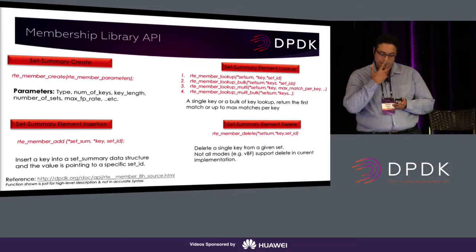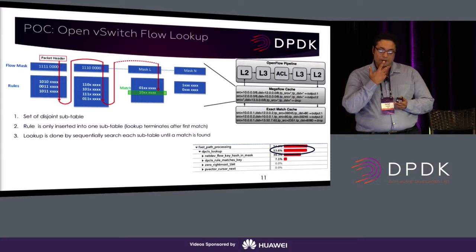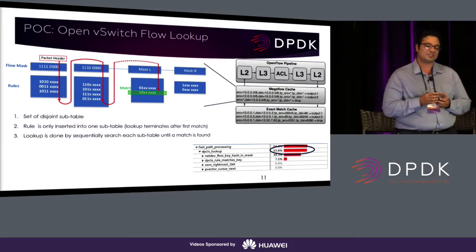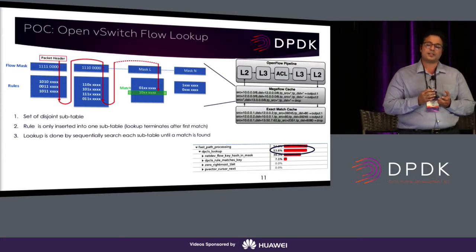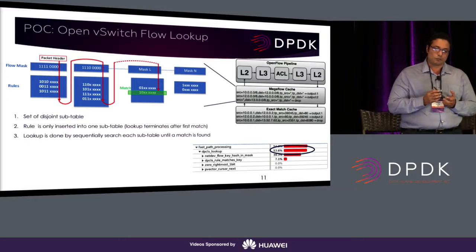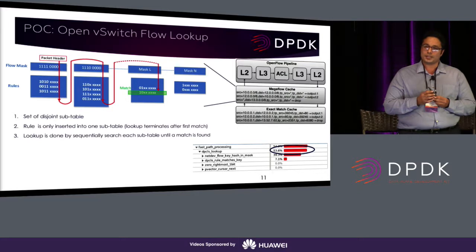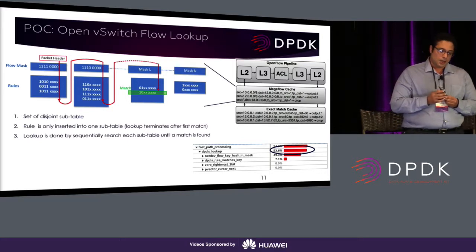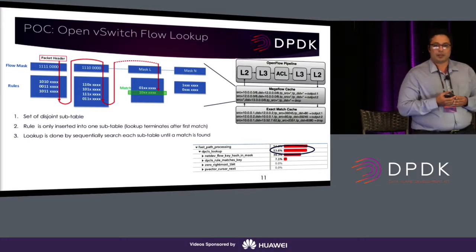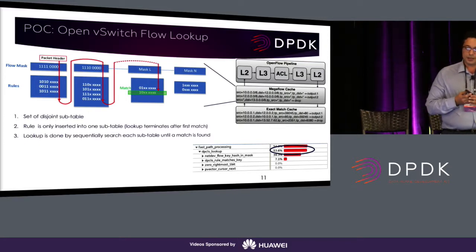Very quickly, I will try to explain the POC, the proof of concept that we did with Open vSwitch to speed up the flow classification in Open vSwitch. I guess you guys are very familiar with OVS, but very quickly, the OVS has 3 layers of flow classification.